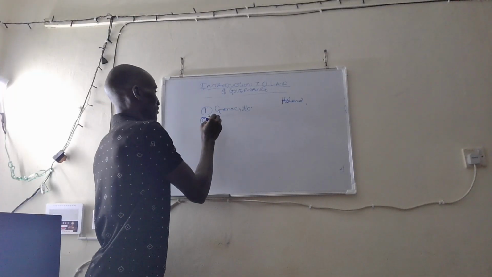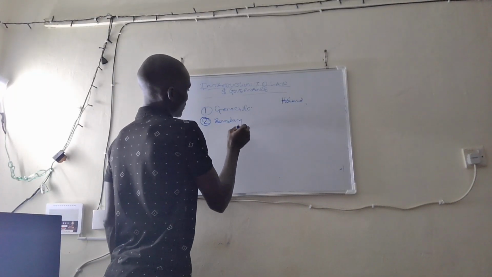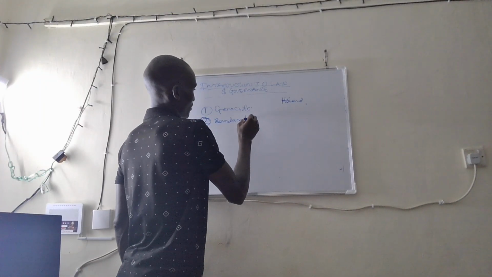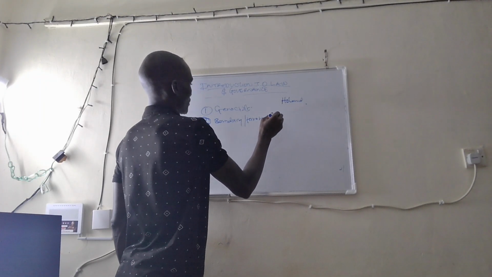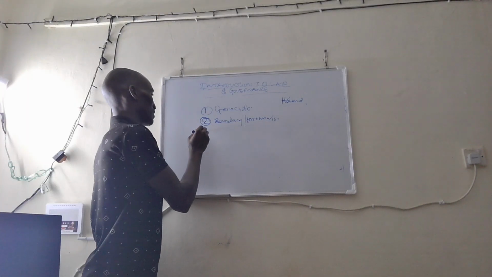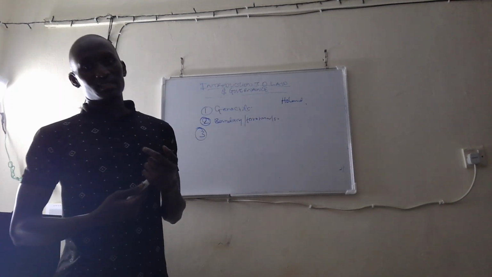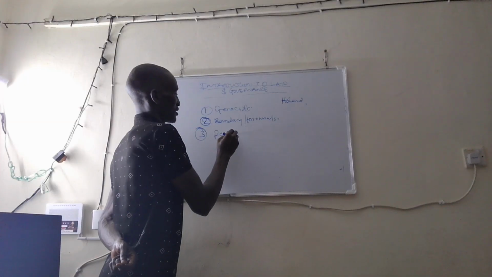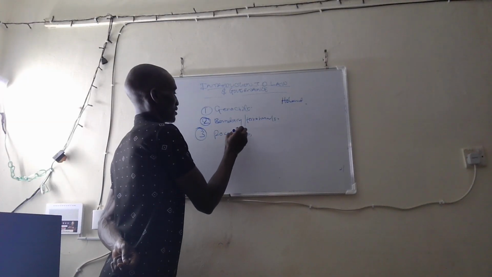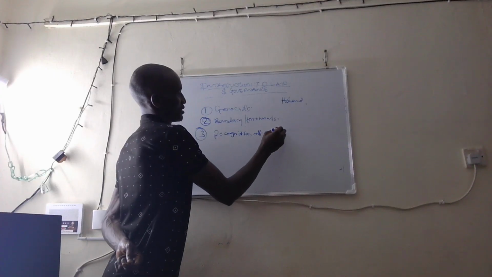Number two, we have boundary, that is the territorial boundary. Then the recognition of a new state.